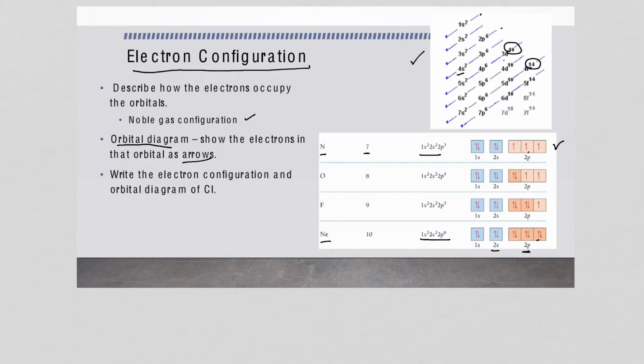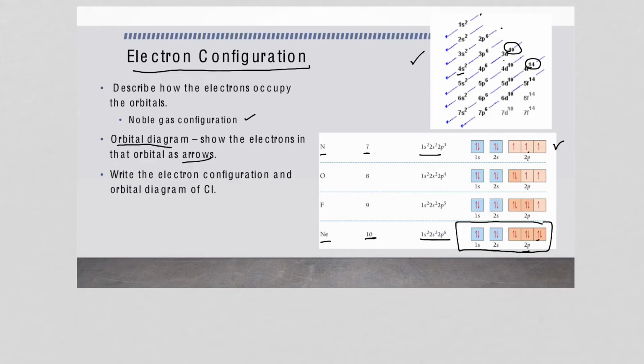So for neon, that's the second level, which has a filled S and a filled P. And because these are filled, we can use them to represent this block of electrons, or in other words, to represent these 10 electrons. And that's what we're going to use when we do the noble gas configuration.